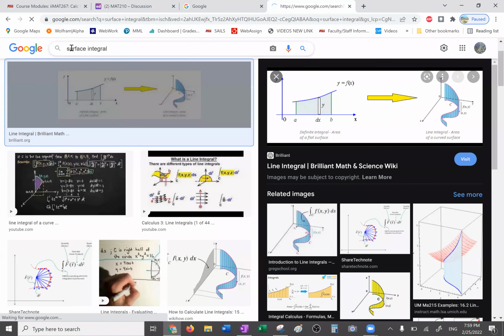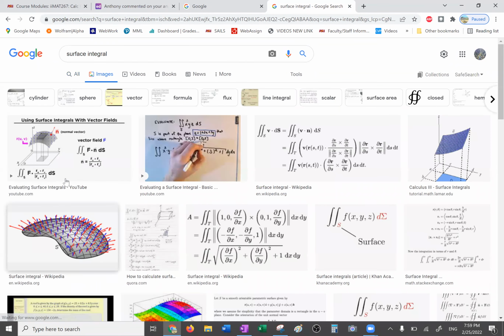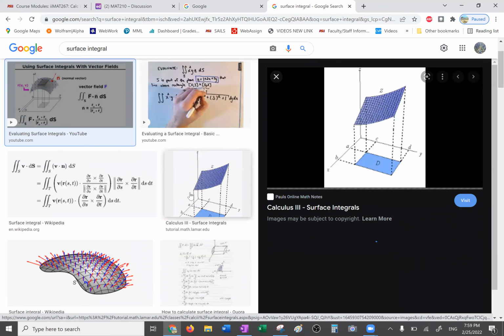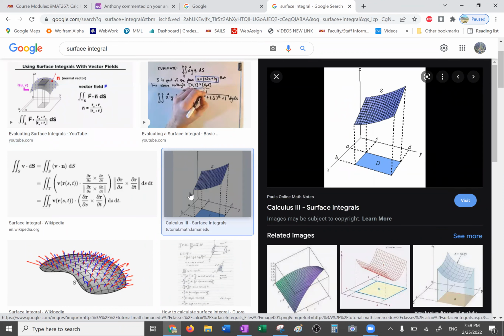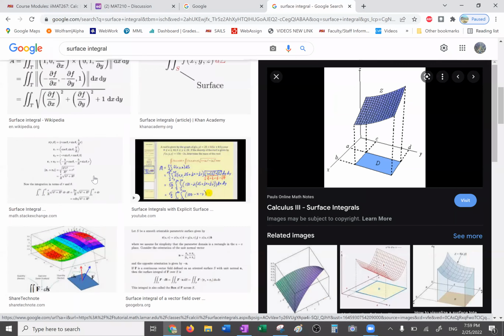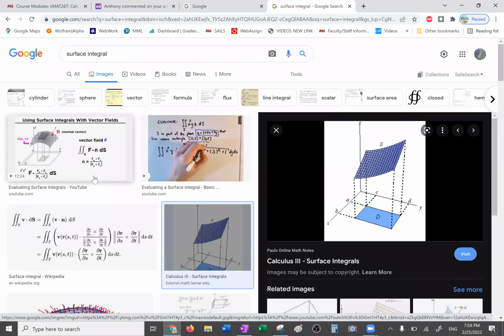That is integrating over the surface. So we keep increasing the dimensions all the time, as you can see. Line is a one-dimensional thing. Surface is a two-dimensional thing. So now we're integrating over the surface.